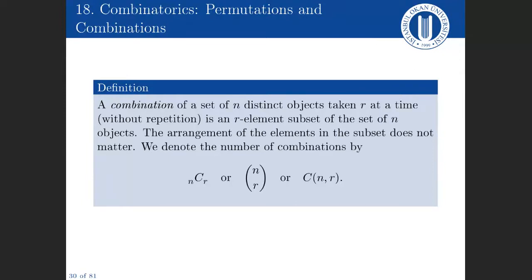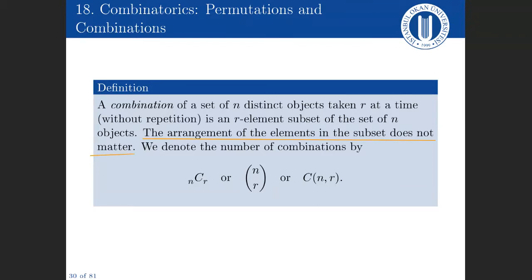Instead, we're going to use something called combinations. A combination of n distinct objects, taken r at a time, is an r-element subset of the set of n objects. The arrangement of the elements in the subset does not matter. And this is the important difference between permutations and combinations.